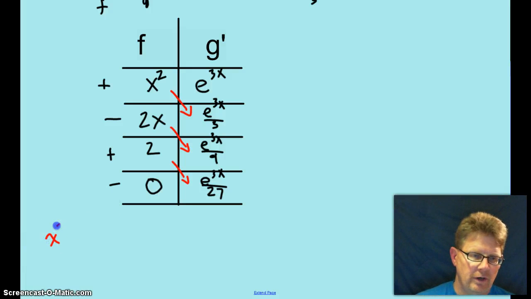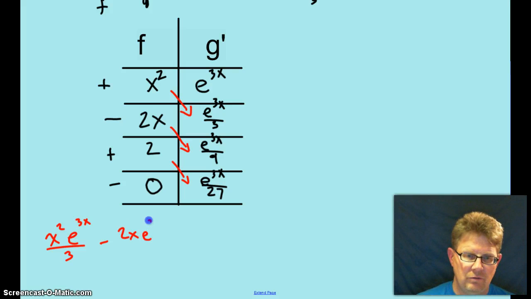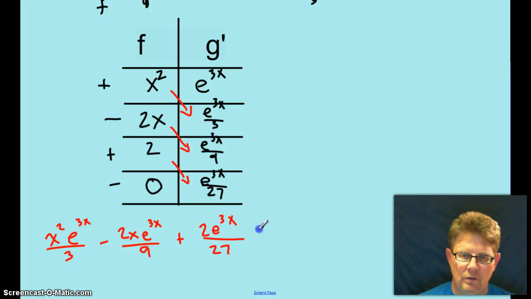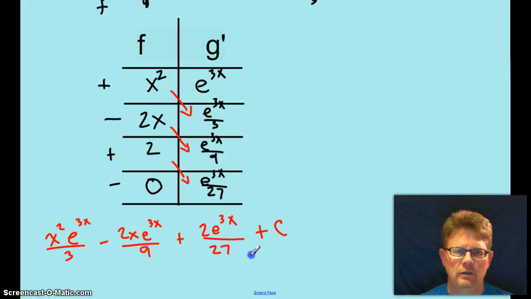It's going to be x squared e to the 3x all over 3, minus 2x e to the 3x all over 9, plus 2e to the 3x all over 27 plus an arbitrary constant c. And that, folks, is really and truly the integral.